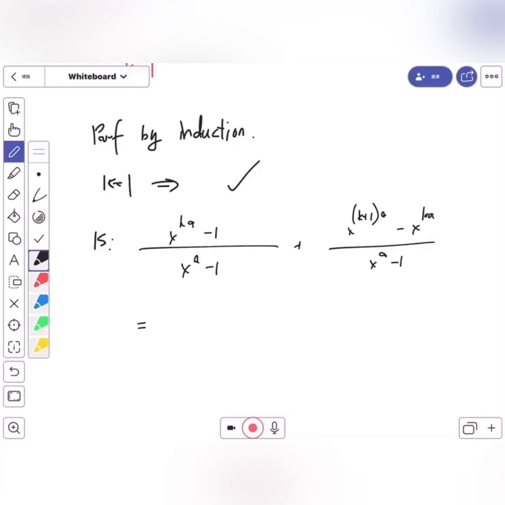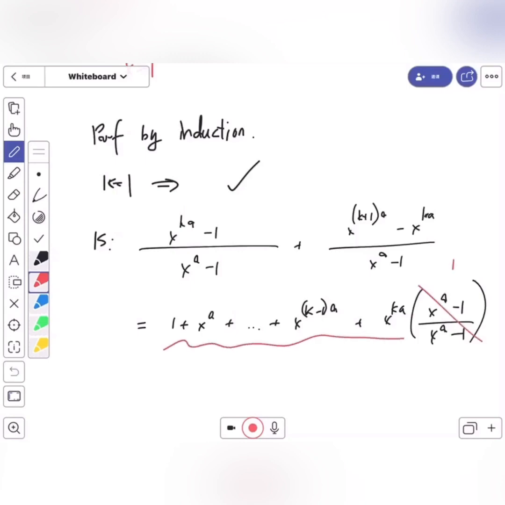Now, the left part by our claim is going to be equal to 1 plus x to the a plus dot dot dot plus x to the (k minus 1) times a. Now plus the right side. Remember we just factored this out. Well, this is just x to the ka. So this just completes our proof.